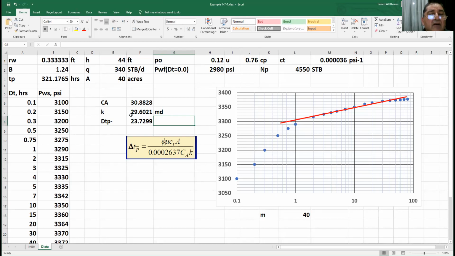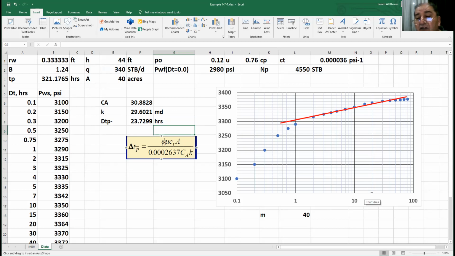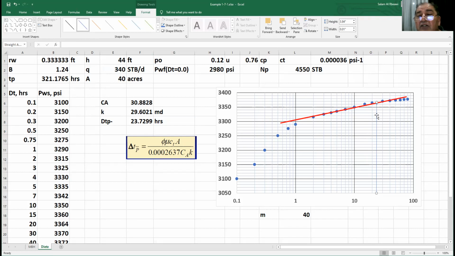So now we have the permeability in our hand. The delta TPE dash is given to us as 23.73 hours. So from the same plot using this value, we're going to go with this one. 23.72, where is that? 10, 20, so 23 almost here. Going to the infinite acting line and reading the pressure, in this case the pressure is 3350 12.